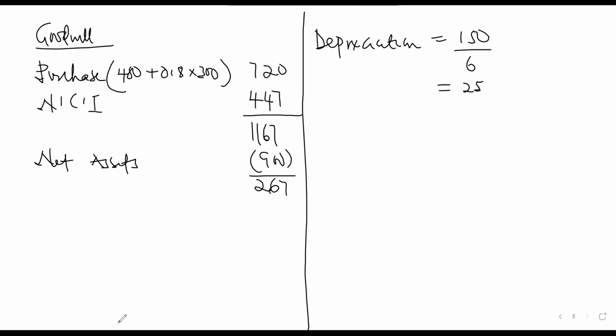I'm having 25 million. Yes. Okay. What should have been the actual depreciation? 132 divided by 6. Okay, so what are we going to be having? 22. We have 22, isn't it?